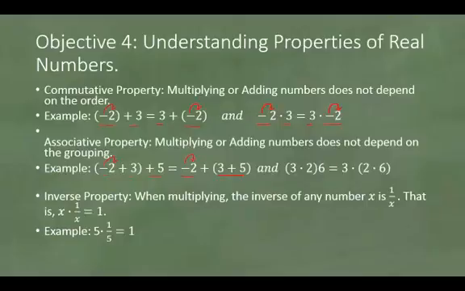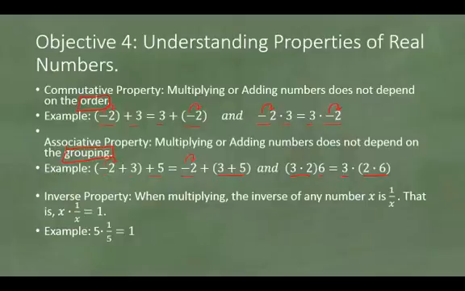And again, the grouping doesn't matter for multiplying either. 3 times 2 times 6 is the same however we group it. So order doesn't matter, grouping doesn't matter when multiplying and adding, as long as you keep the sign together with its number.